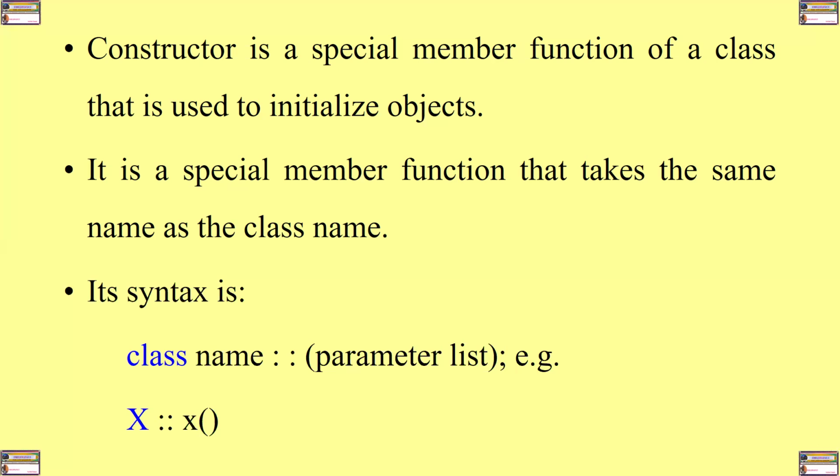For example, the class name is X. Then we have two colons, and then we have X followed by those brackets, that indicate that X is a function for the class called X. So the function name is X, and the class name is X.